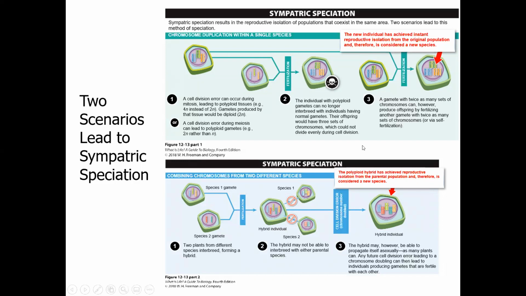We know that organisms are normally diploid. They have 2N, or two sets of chromosomes. But during an error in cell division, organisms can actually not have their chromosomes separate during meiosis. So ultimately when they get fertilized, they have an extra set of chromosomes. So polyploidy in this case for plants: one of our organisms had its meiosis occur properly. The other one did not have it occur properly.